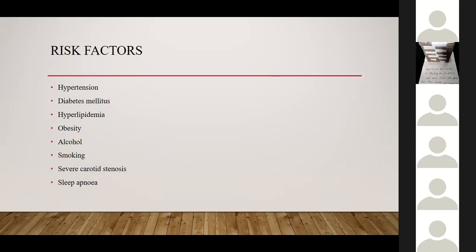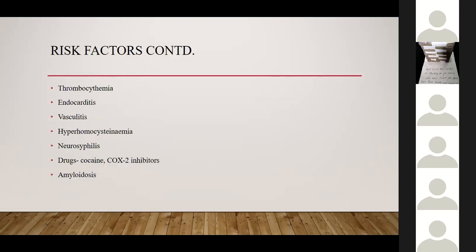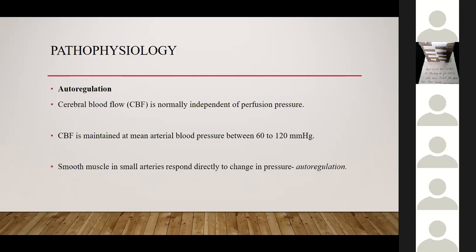If you have conditions like carotid artery stenosis, sleep apnea, thrombocythemia, which means excess platelets, infection or inflammation of the inner aspect of the heart, endocarditis, vasculitis, increased homocysteine levels, conditions like neurosyphilis, drugs like cocaine, COX-2 inhibitors, and conditions like amyloidosis, all of these things can have an effect on the vascular system, and then it can lead to poor perfusion to the brain, which of course will lead to a stroke.